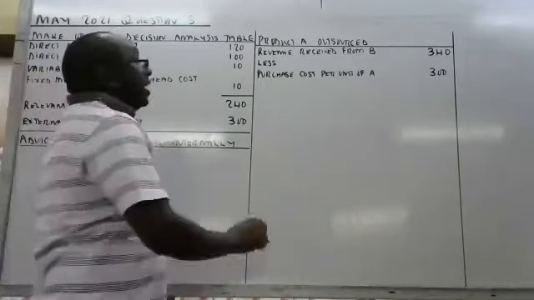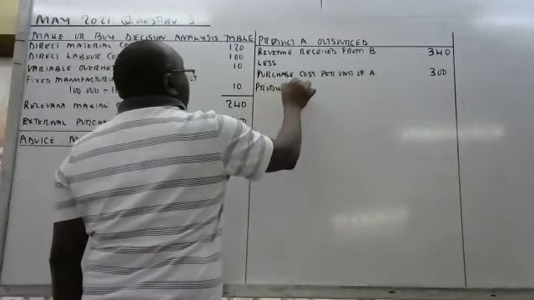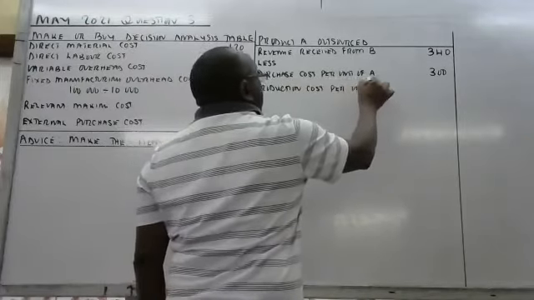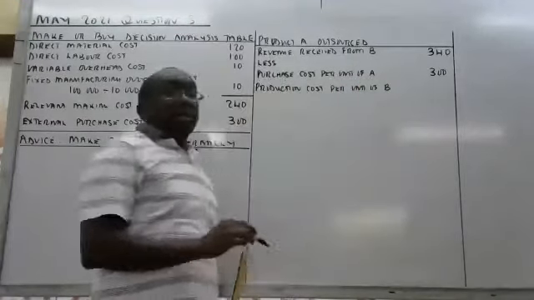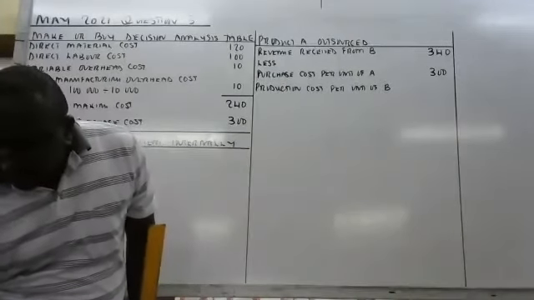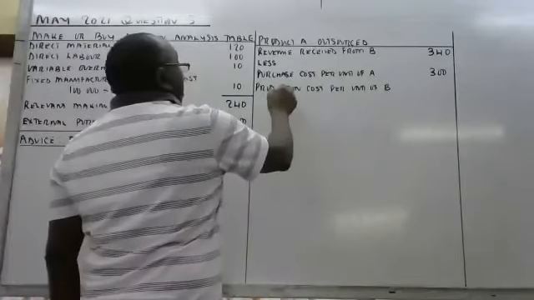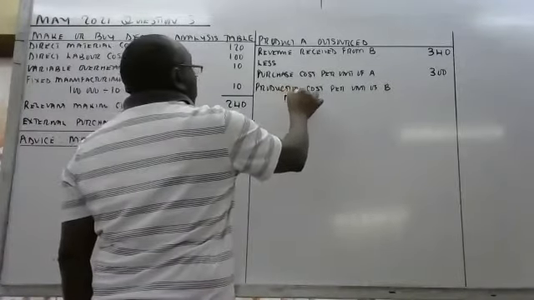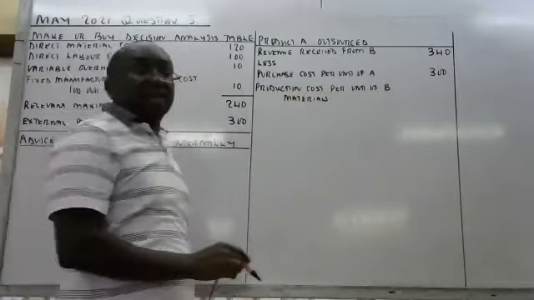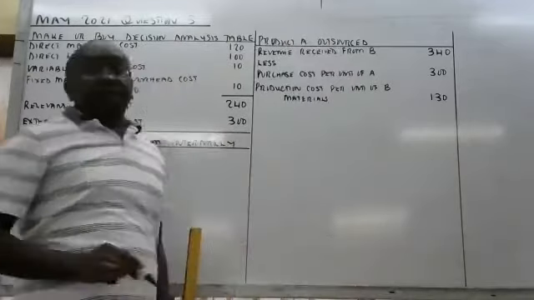Then we factor in production costs per unit of B. As you have seen, we will require materials. We are told that the materials will cost us 130.